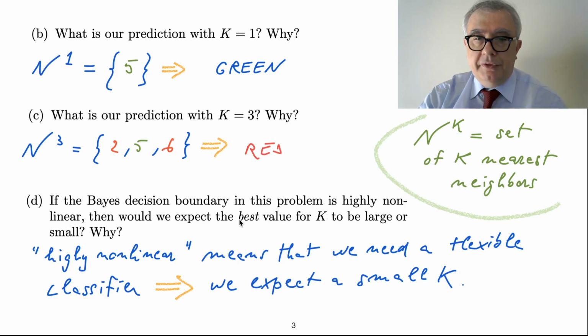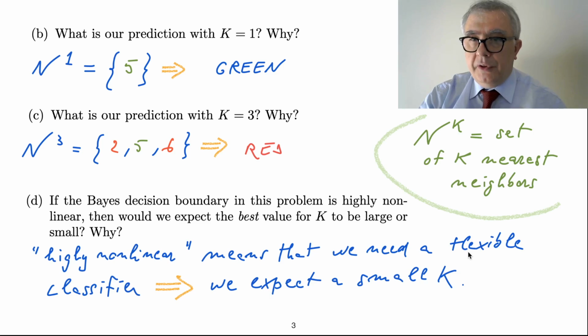Final question. If the Bayes decision boundary in this problem, the Bayes decision boundary being the best possible classifier, is highly nonlinear, would we expect the best value for k to be large or small? Highly nonlinear means that we need a flexible classifier, of course.